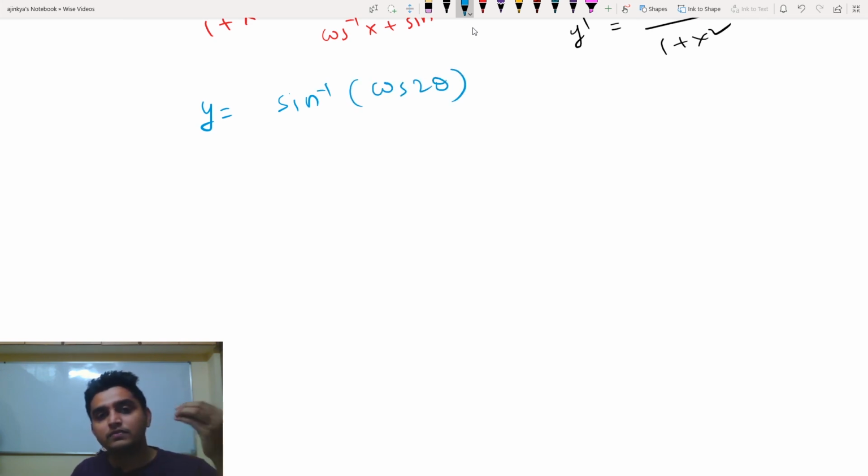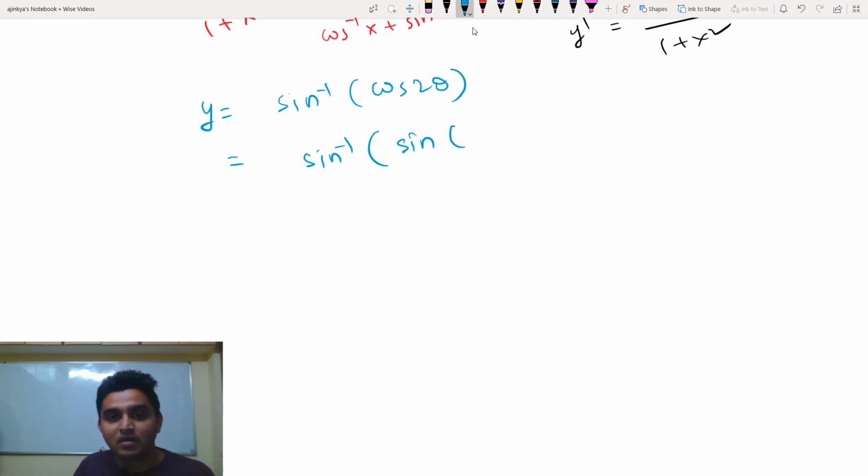But we know that cos 2 theta can also be written as sine of pi by 2 minus 2 theta, isn't it?